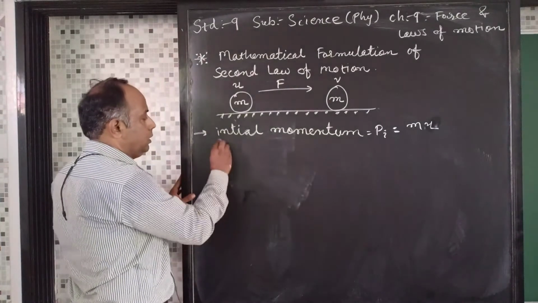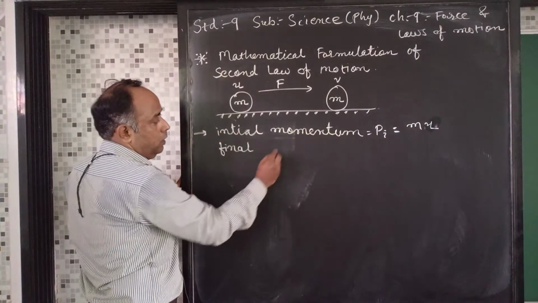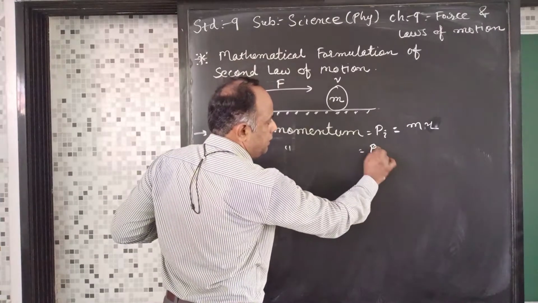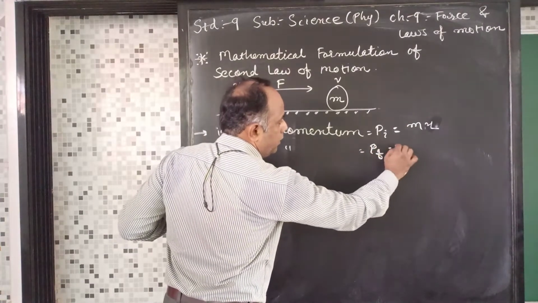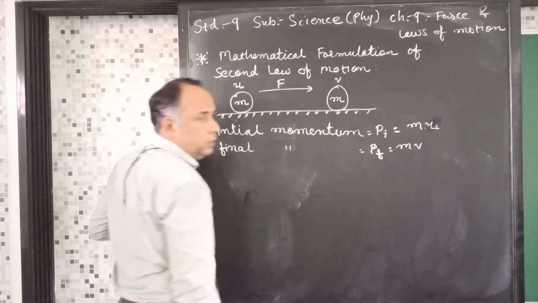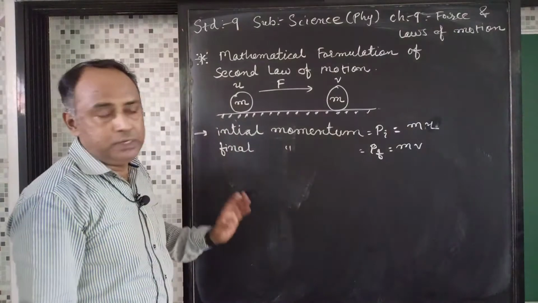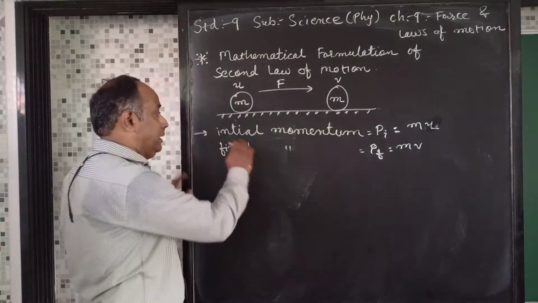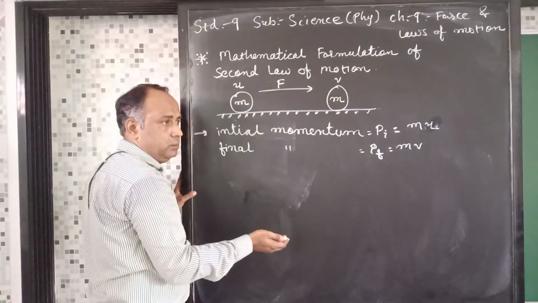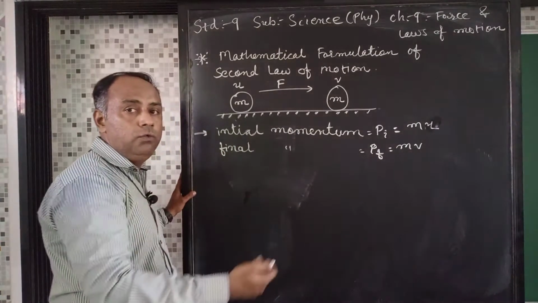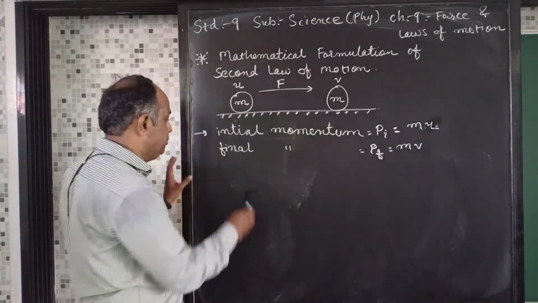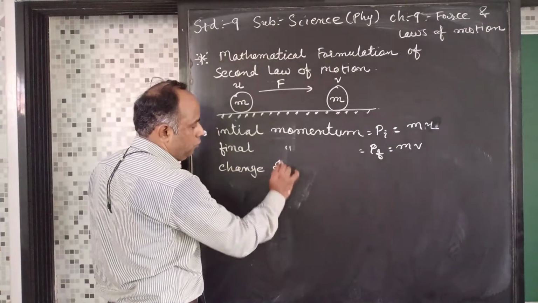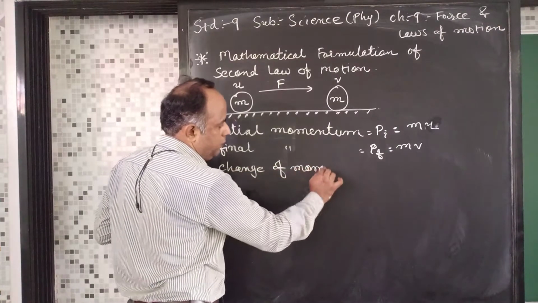So we will be calculating the final momentum. We will name it Pf. It is also represented as the product of mass and velocity. Now, with initial momentum and final momentum, we go for the change in momentum.